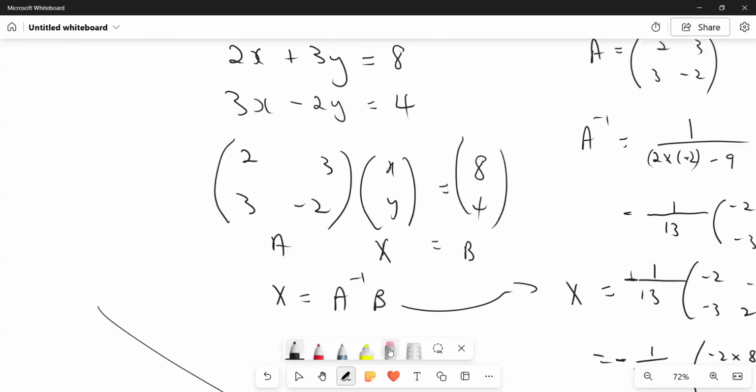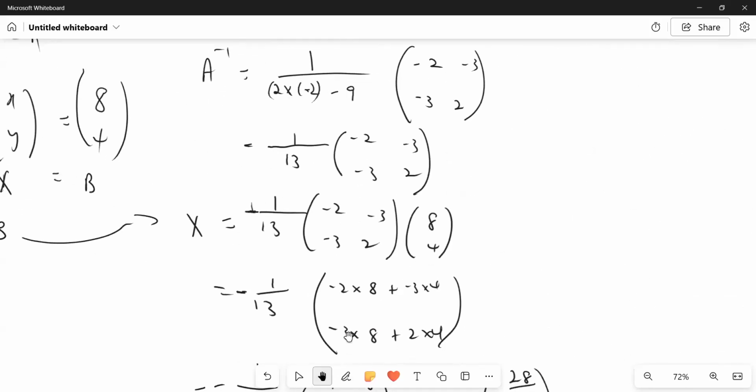Then you're supposed to get some nice numbers when you finish. Anyway, leave it like that. You end up with some horrible numbers, but that is the answer.